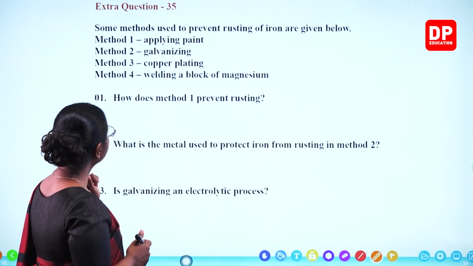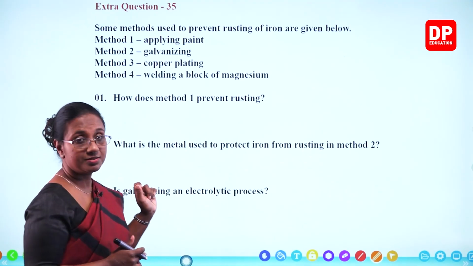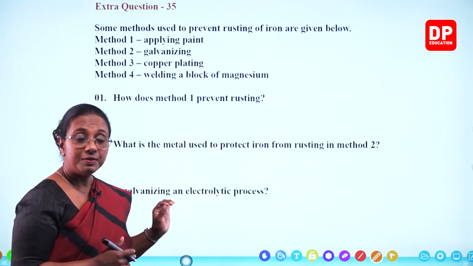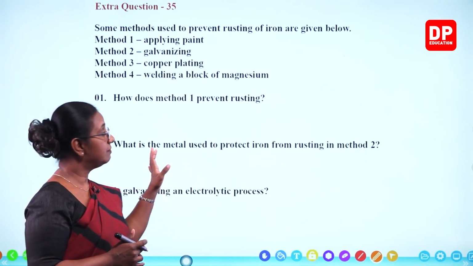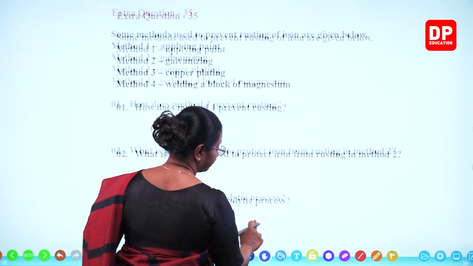So the first question, how does method 1 prevent rusting? By preventing the contact of iron with water and air.